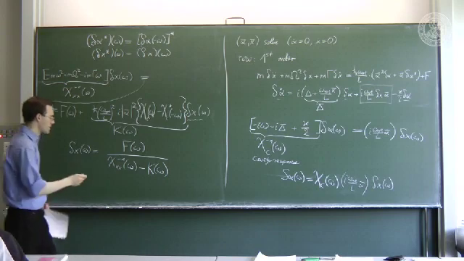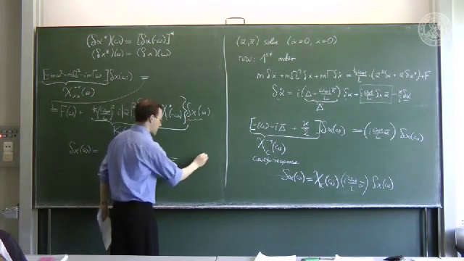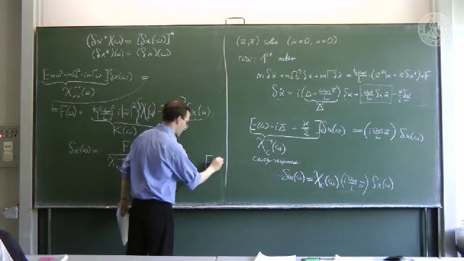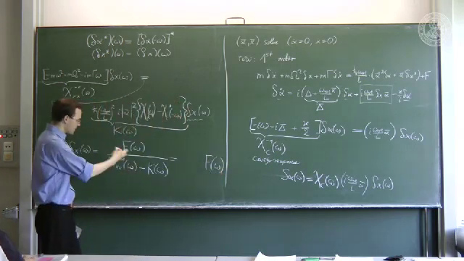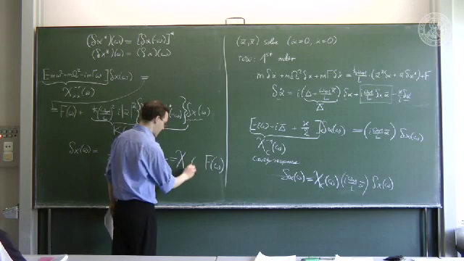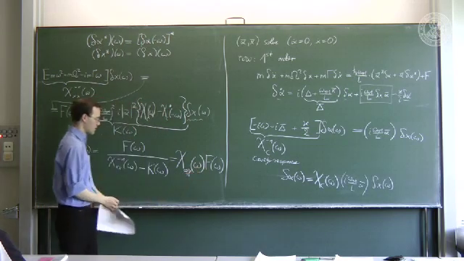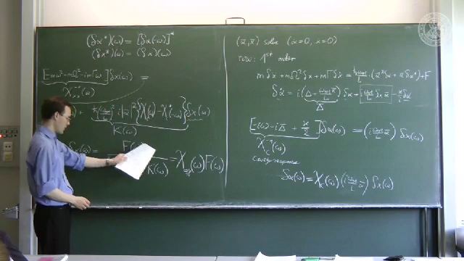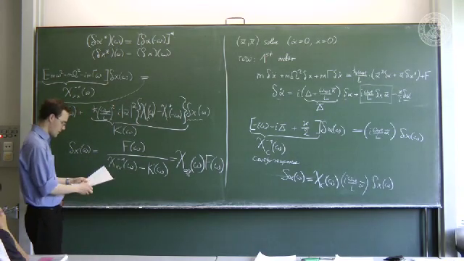And so if I like, I can say this is F of omega multiplied by some effective susceptibility. And that is defined, obviously, as being the inverse of this denominator.